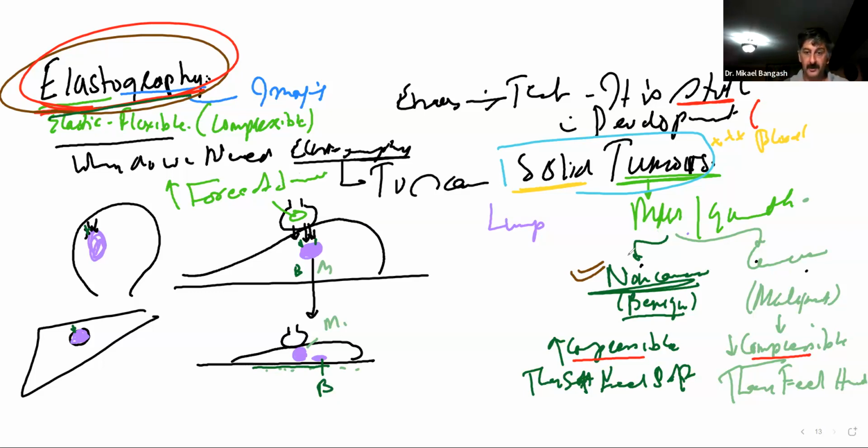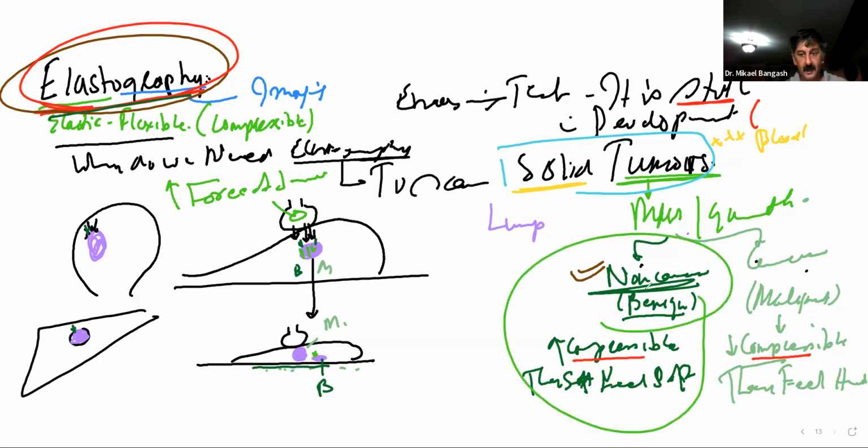So if that force that is increased is able to compress the tumor, what would that indicate? That the tumor was compressible, which means it would indicate that it most likely would have been non-malignant or non-cancerous or benign.